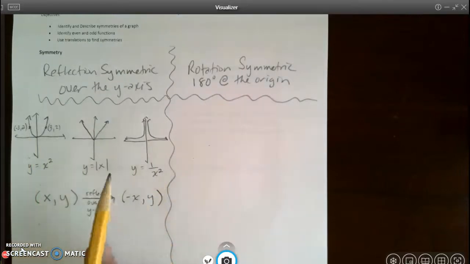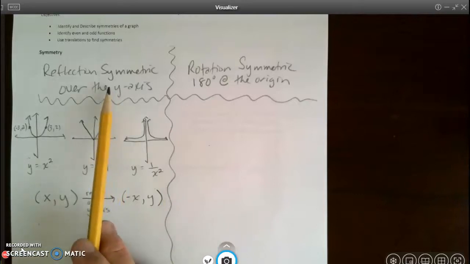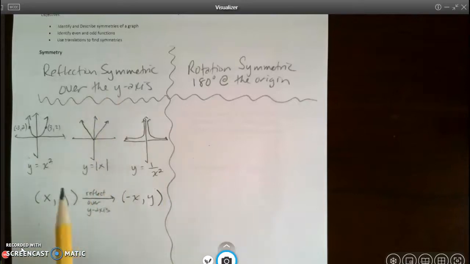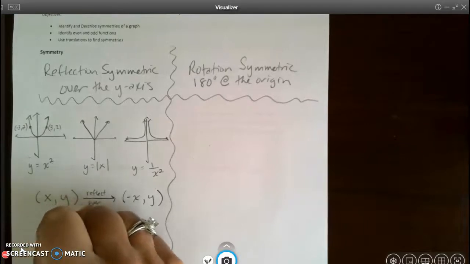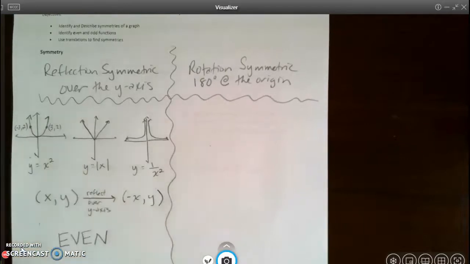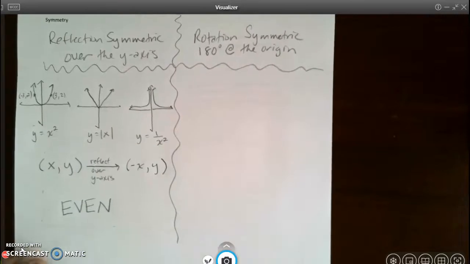Okay? And whenever we have a function that is reflection symmetric over the y-axis, when x becomes negative x and the y stays the same, we say that this is an even function. Now, I do notice that we have even exponents. However, that's not part of the definition of even, and we're going to look at that in just a little bit.